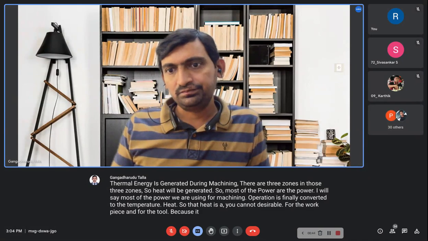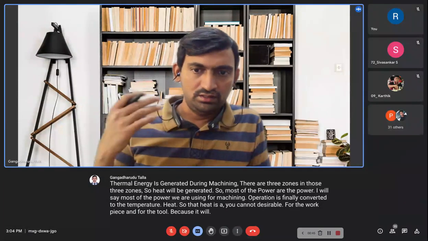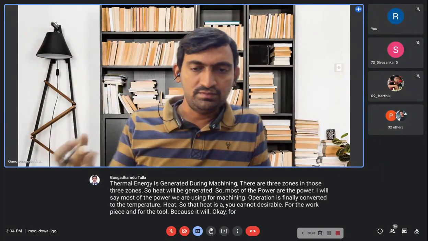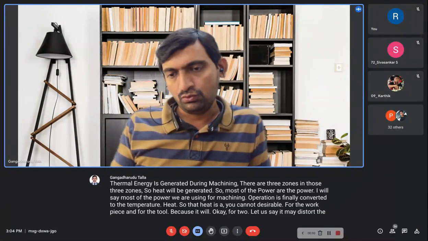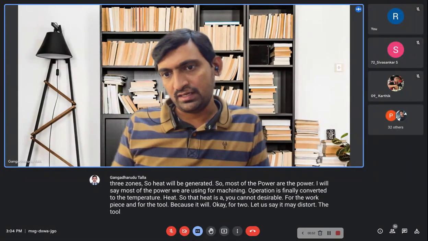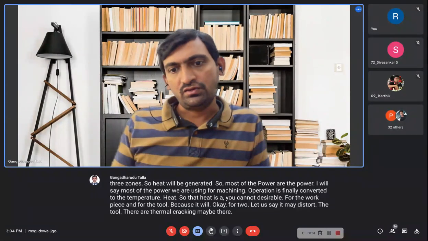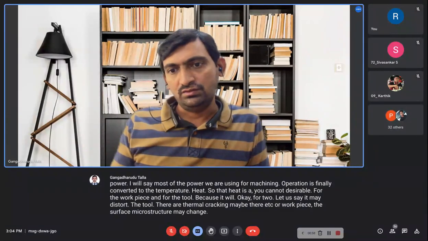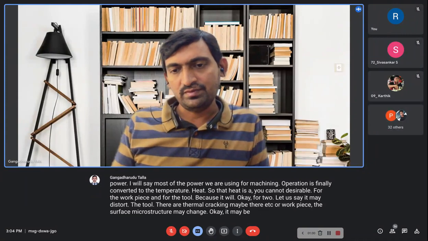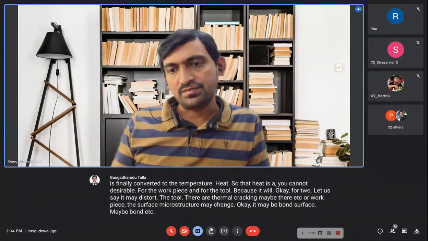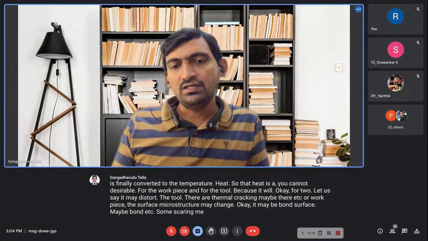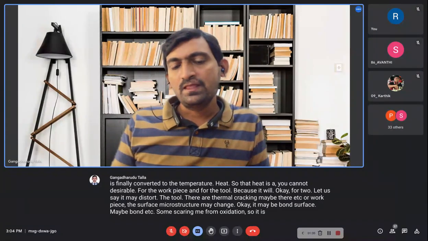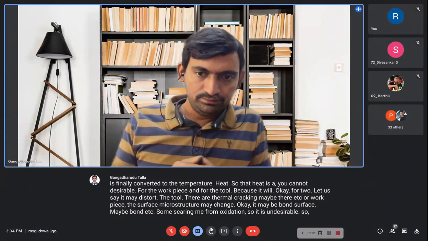For the tool, it may distort the tool, or thermal cracking may occur. For the workpiece, the surface microstructure may change, the surface may be burnt, and some scaling or oxidation may form. So it is undesirable.